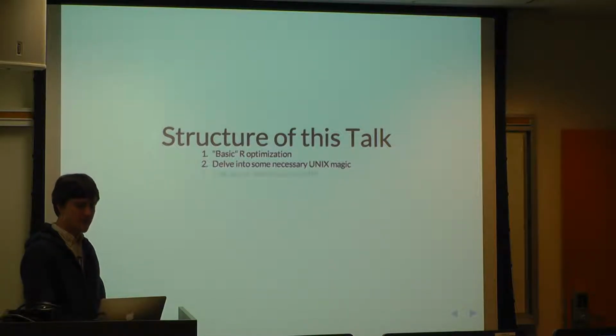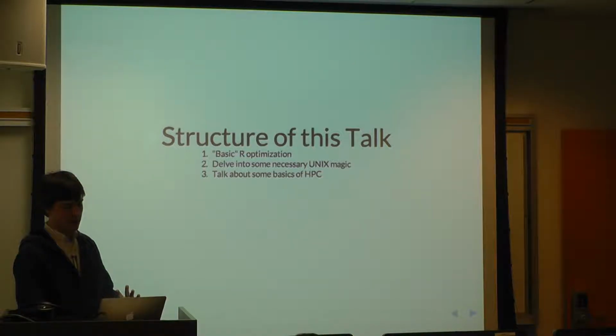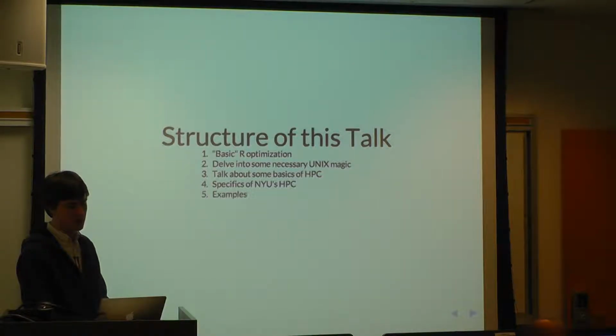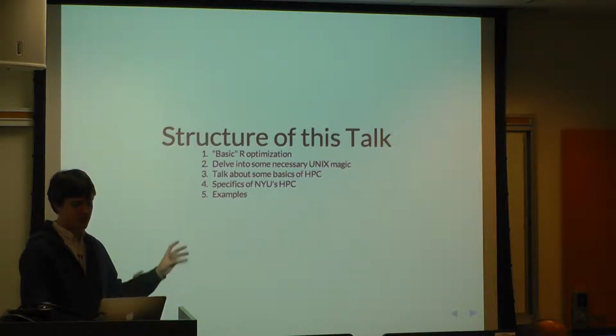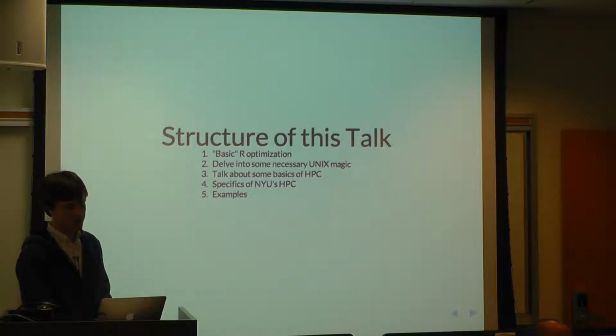Then I'll talk about the basics and setup of HPC, then specifics for NYU, and then examples. I really only have one extended example, which is doing cross-validation on a latent Dirichlet allocation model that I've been working with.